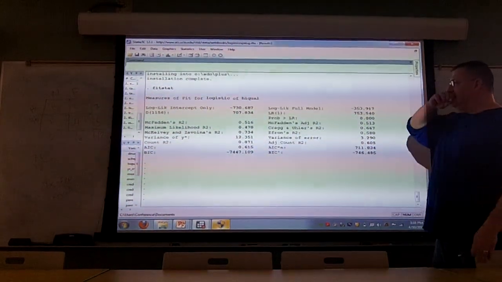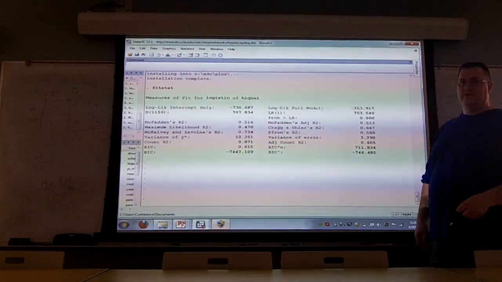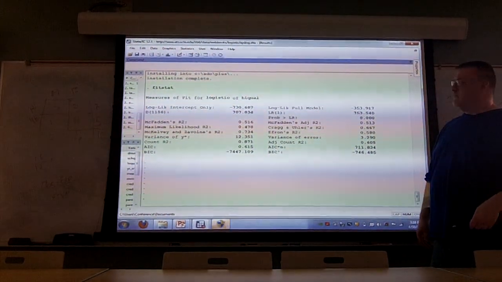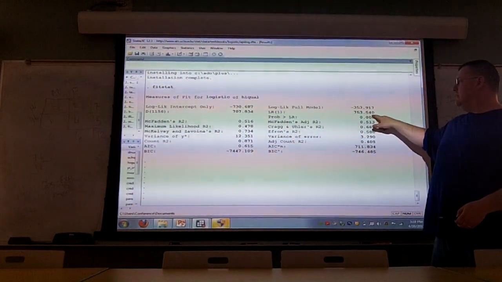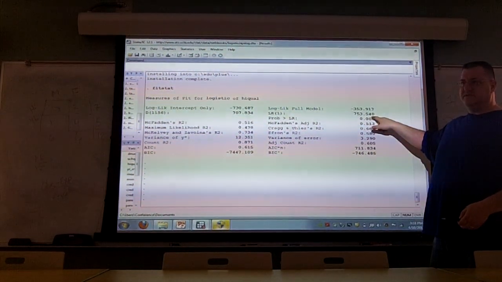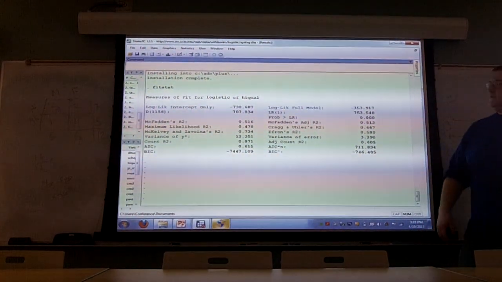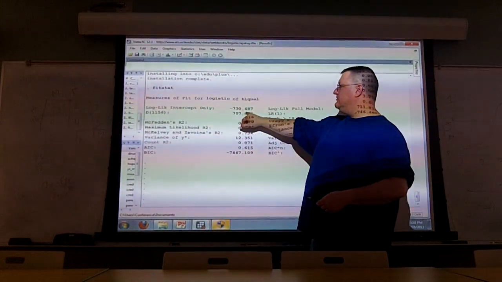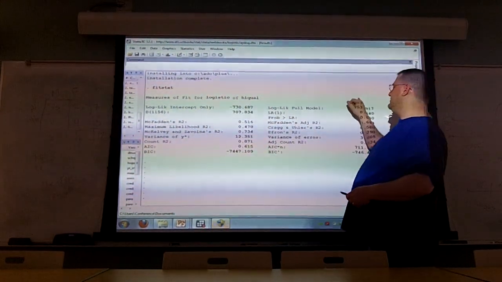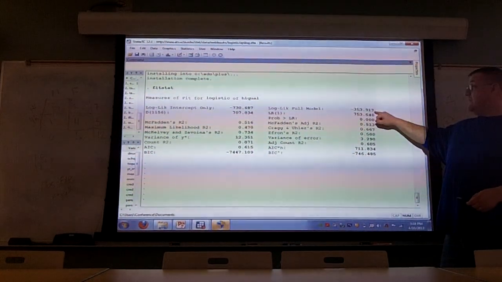All right, so the idea here is, remember we talked about likelihood ratio tests? If not, we're going to talk about that more. And we said we compared our chi-square statistic to see if the model was better than an intercept-only model. This is the log likelihood for that intercept model. This is the log likelihood of the model that we fit.